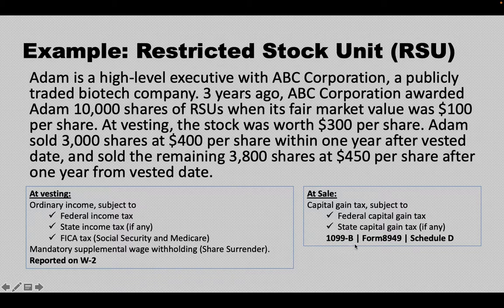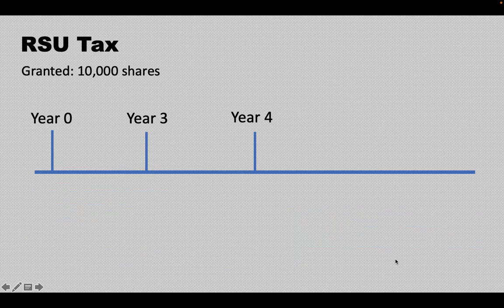Then you have to file Form 8949 and Schedule D. It's similar to any other investment you hold, like an ETF or other stocks, with similar reporting forms. So I'm going to show you a diagram to see how this tax works.